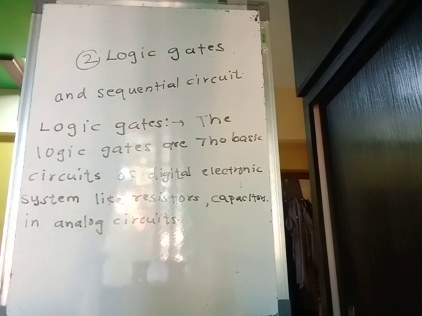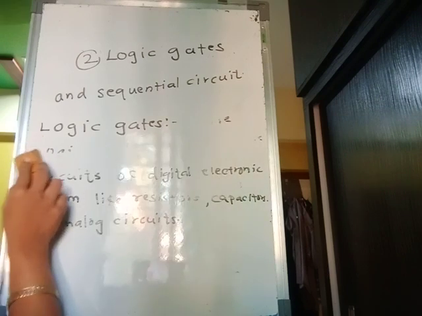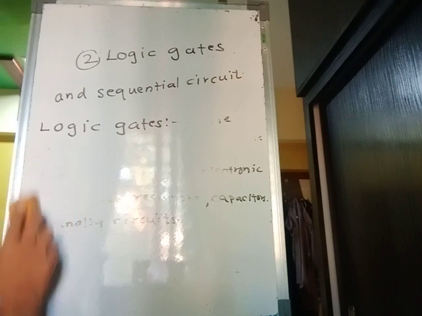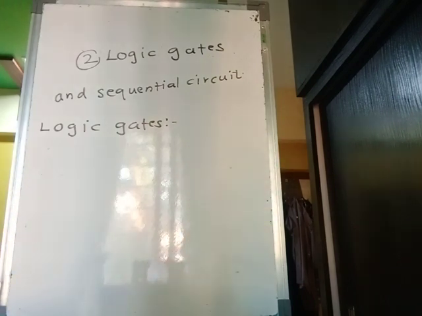Now we'll see the first part, and that is nothing but the logic gates. In case of the logic gate, we can say it is an electronic circuit. It is one kind of circuit. Now you know the different kinds of circuits. You have circuits at home also.